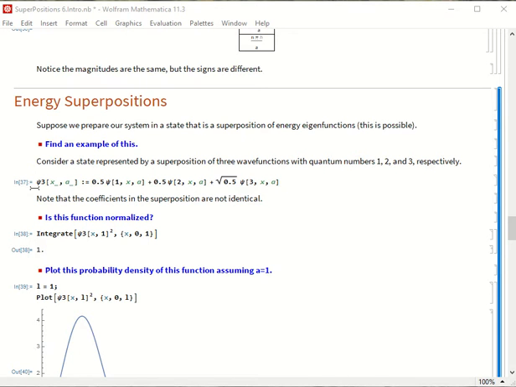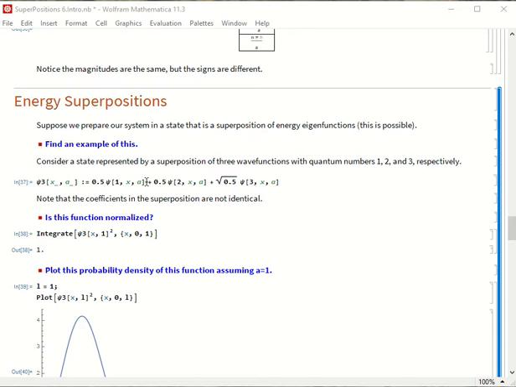And we have this linear combination with the coefficients of 0.5, 0.5, and the square root of 0.5, respectively. So that's an interesting situation. Our wave function is a linear combination of these functions.